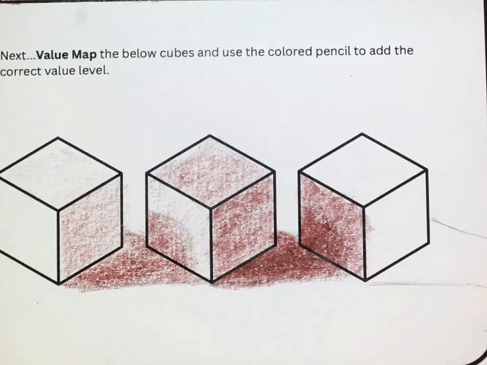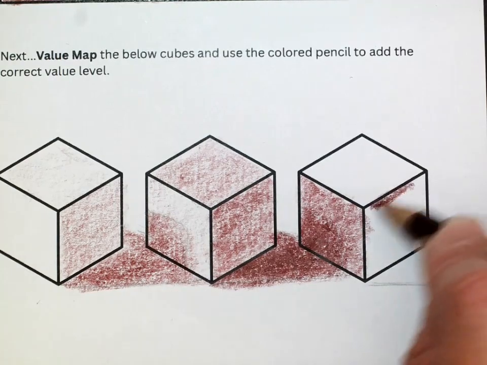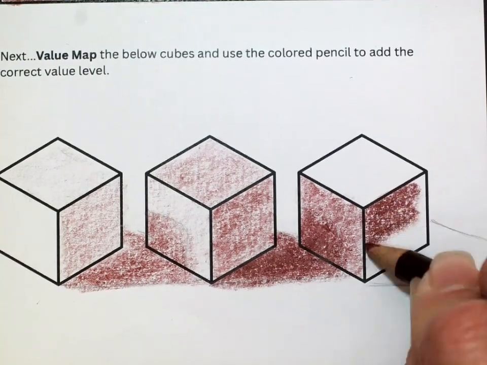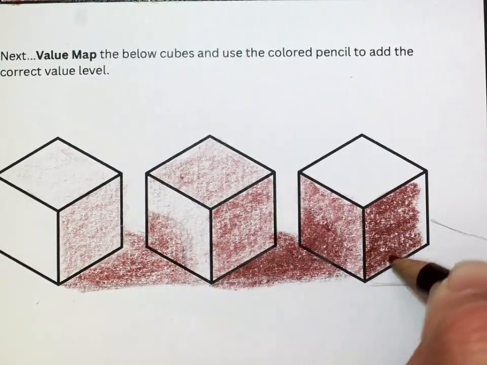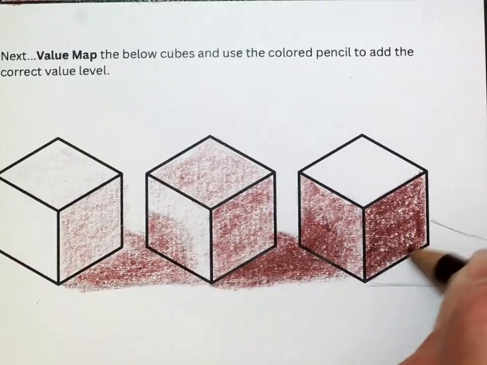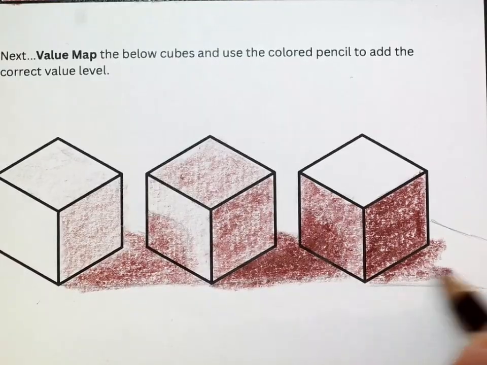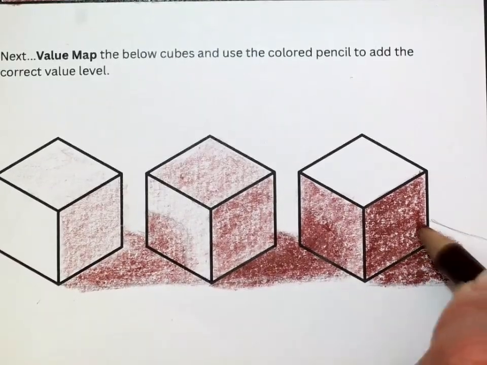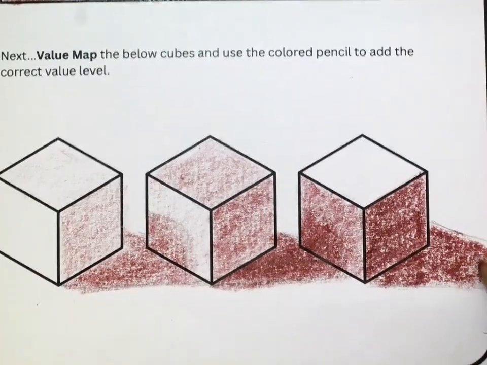Okay. All right. And then this side over here is a 1. Get that in there. Okay, this whole shadow is also a 1, so I'm going to keep that. All a 1 over here.